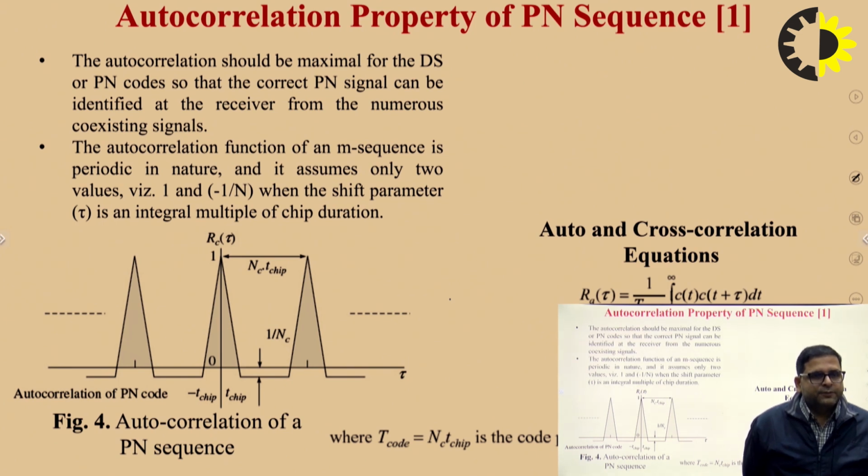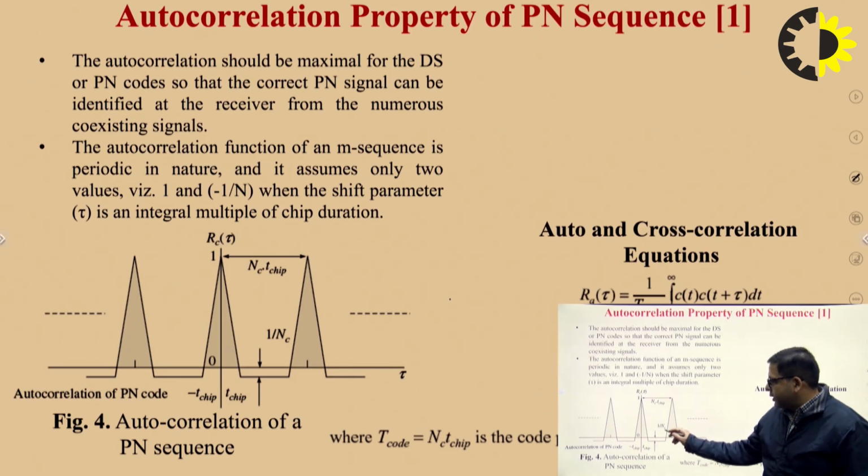So in this figure we can easily see that at tau equals 0 the value is maximum, but at other instants the value is very small. The autocorrelation function of an M sequence is periodic in nature, and it assumes only two values, that is 1 and -1 by n, as shown in this figure.